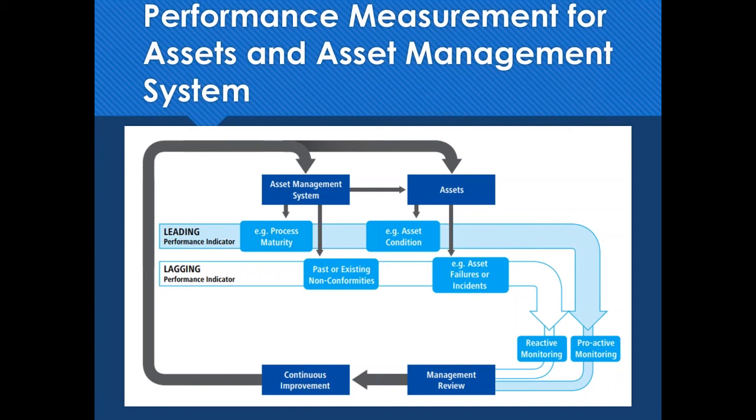So what type of performance measurement metric, or how you want to monitor these assets based on its criticality, going back to my earlier slide where I talked about you need to understand the criticality of the asset before you put them on any of these two buckets.